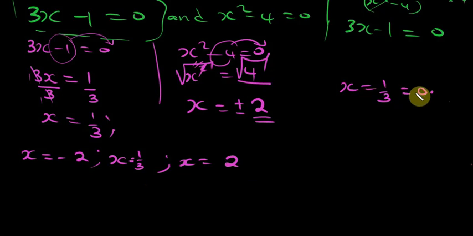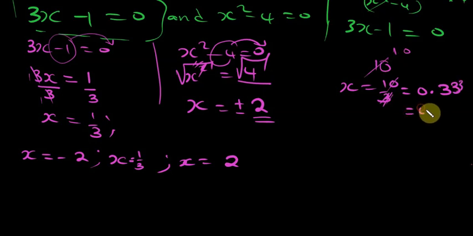If I put a 0 there, how many times does 3 go into 10? 3 times, with a remainder of 1. Again, 3 goes into 10, 3 times, remainder 1.